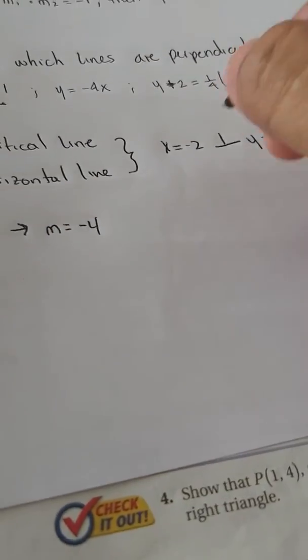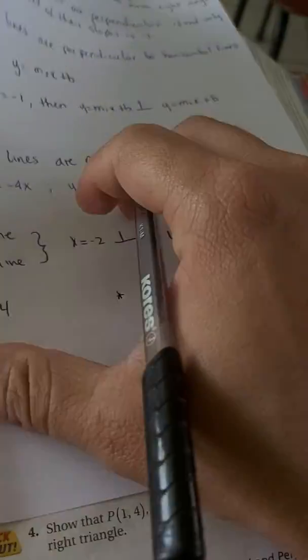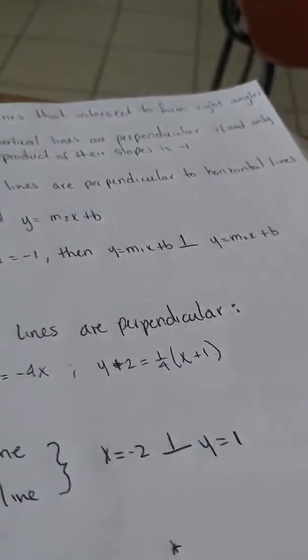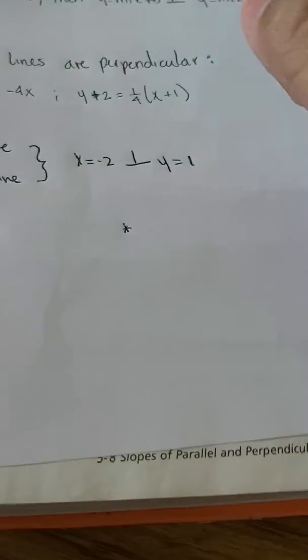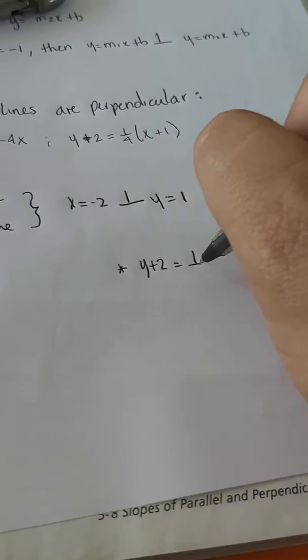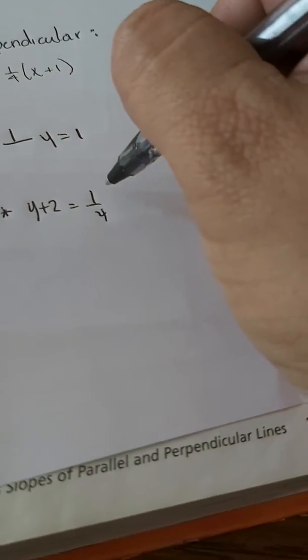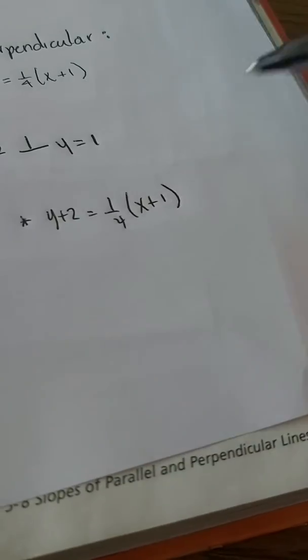Now, in the second equation, we have it in point-slope form: y plus 2 equals 1/4 times x plus 1. So let's write it in slope-intercept form.